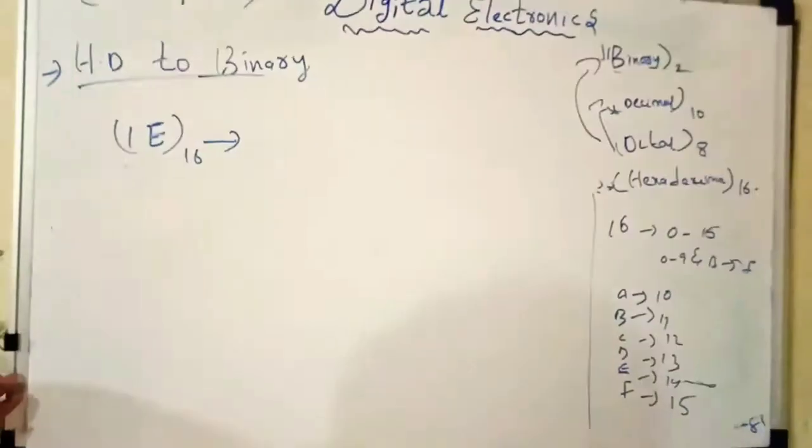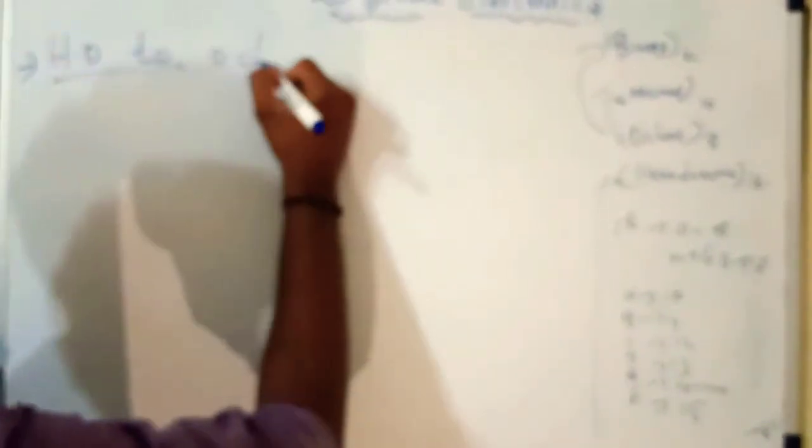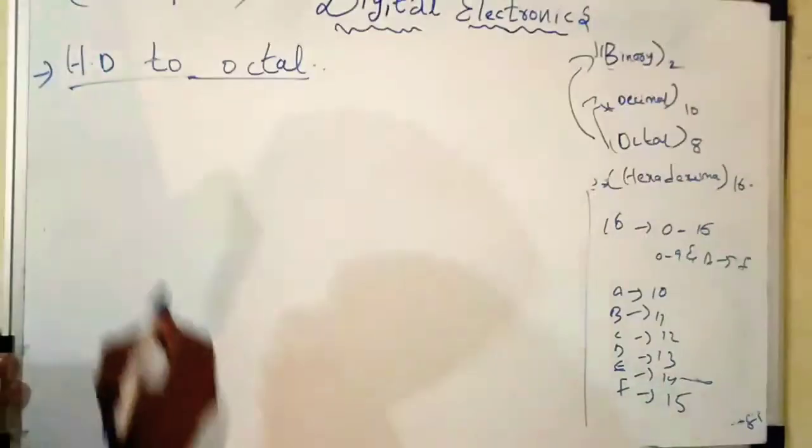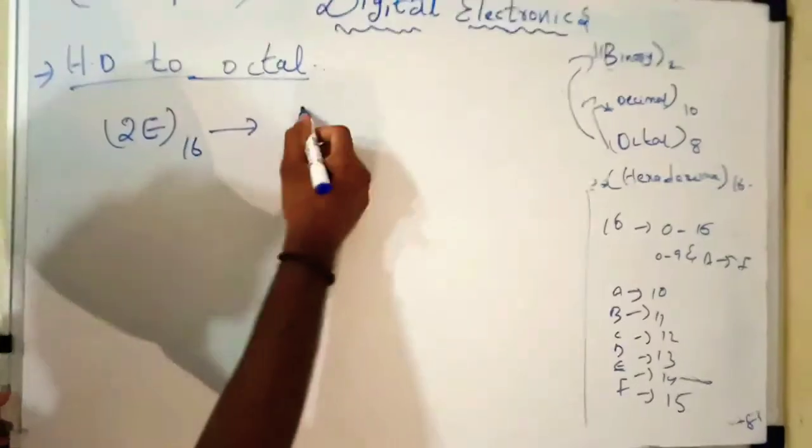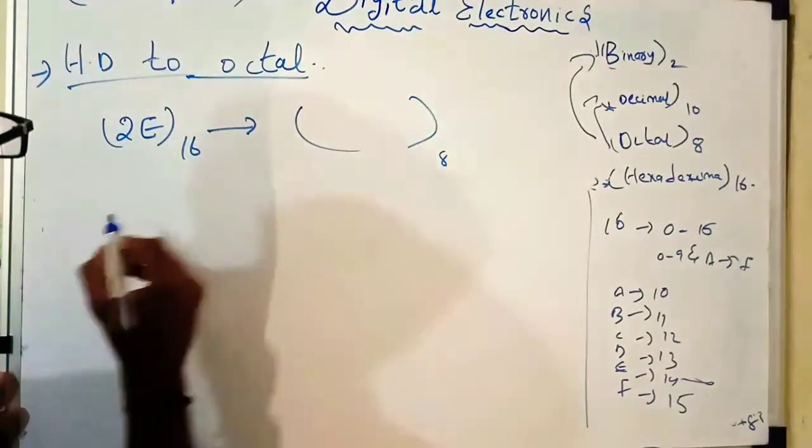Hexadecimal to decimal is completed, binary is completed, the remaining is octal. This is hexadecimal to octal. Take an example of 2E hexadecimal to octal.